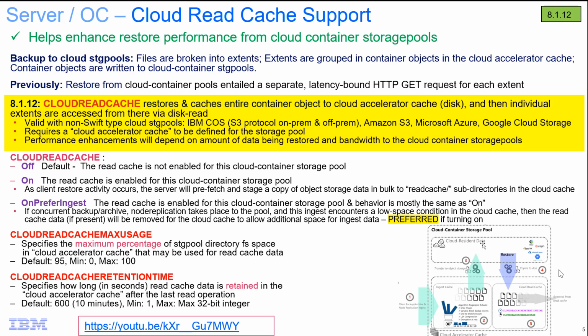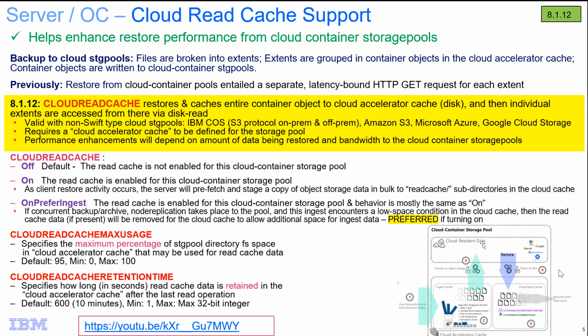And then from that cache, we read the individual extents to do the restore. By pulling back the whole container object instead of the individual extents, we're able to get faster restores overall.